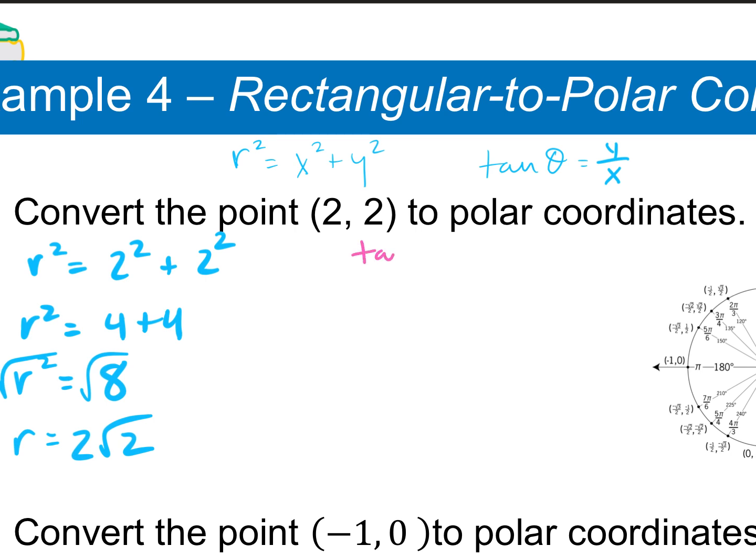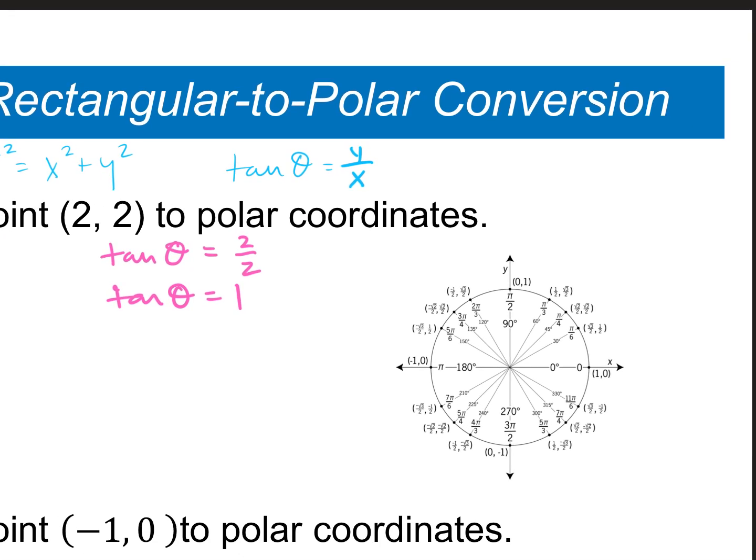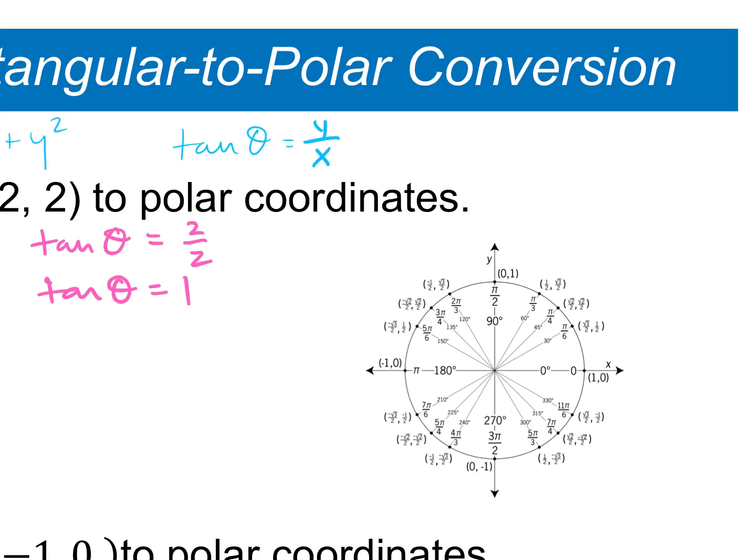Now let's find theta. So tangent of theta is equal to 2 over 2. So tangent of theta is equal to 1. Now we want to figure out where tangent is 1. Tangent, we know, is y over x.